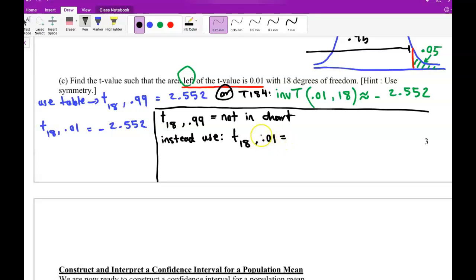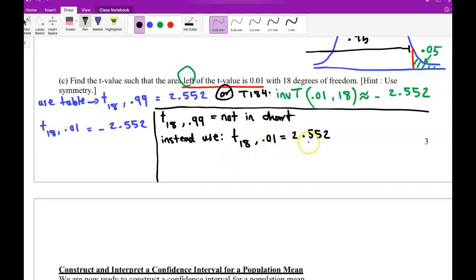So remember, on this part I should use the right area, but this is left. But on the calculator here we have left. Okay, so this is left on the calculator, but this is right. What that means, based on what we had on the table that I showed you, we got positive 2.552.